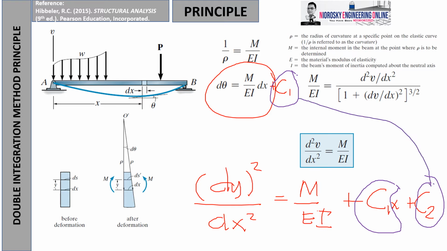These two constants should be understood well and should be evaluated based on the properties of the beam that we have. Will it be statically determinate, simply supported, or statically determinate with or without overhang, single or double, or maybe even indeterminate. So indeterminate is also a case of the double integration principle.